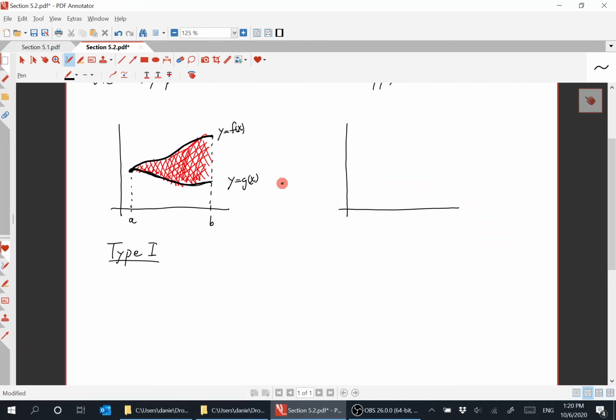Here, a is less than or equal to x is less than or equal to b, so the x values are between a and b, and then the y values are between g and f.